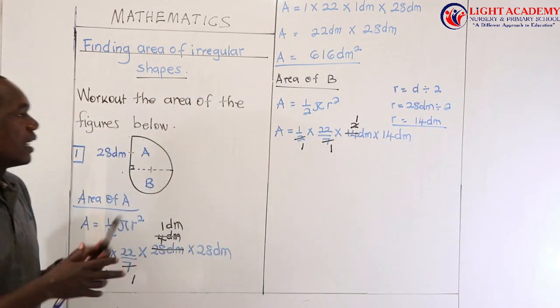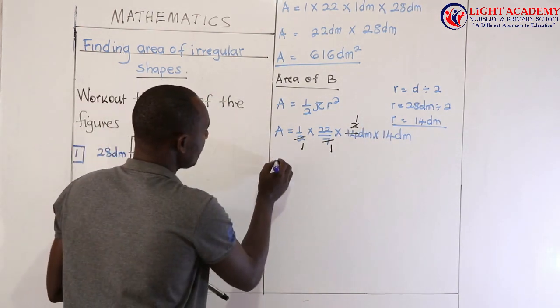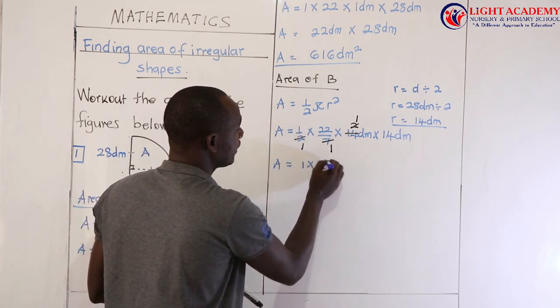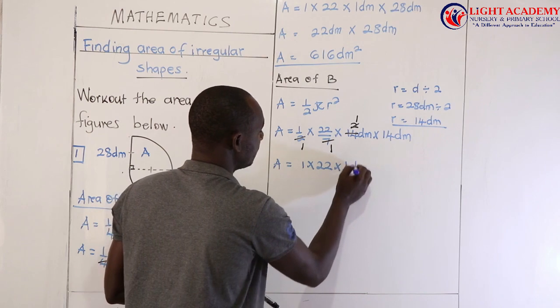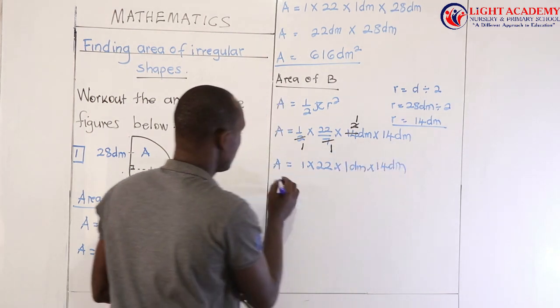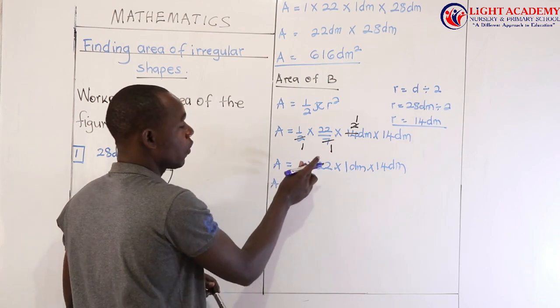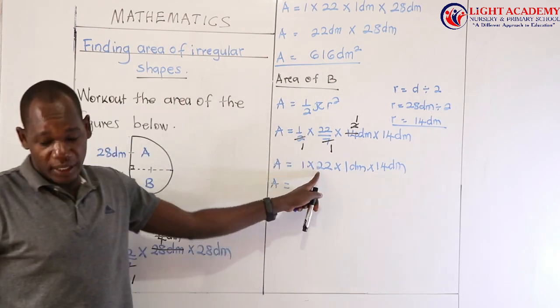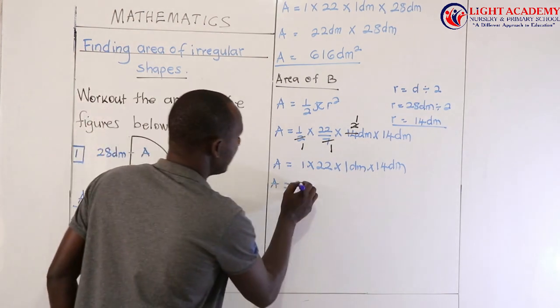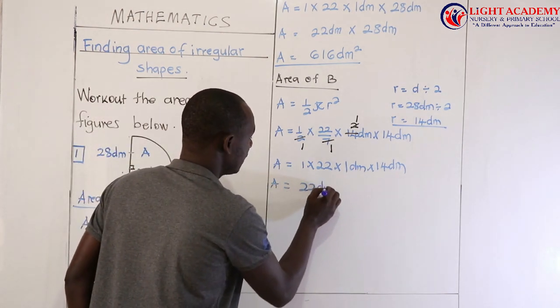Then you continue, and your area now will be equal to 1 times 22 times 1 decimeter times 14 decimeters. And your area now will be equal to 1 times 22 is 22, and 22 times 1 decimeter, you get 22 decimeters.